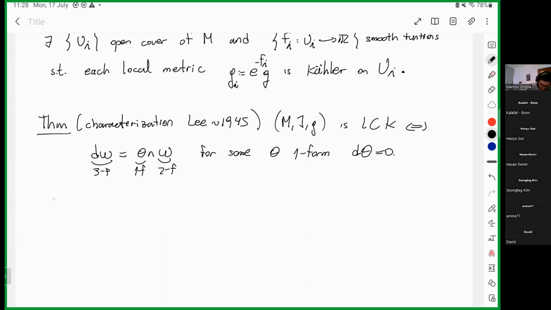And in this case, if this condition is satisfied, this 1 form theta is completely defined by this property that d omega is equal to theta wedge omega, and is defined by this formula.